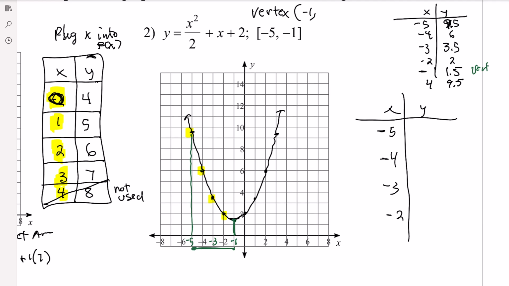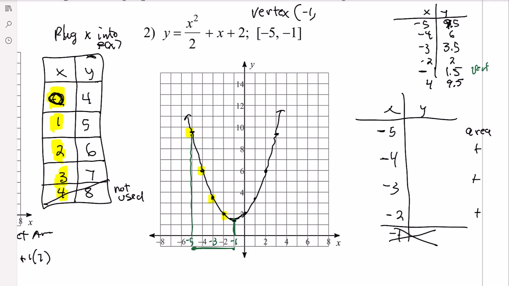But notice the leftmost, this right here, -1, this part isn't going to really count because we're going from -1 to -2. This area is the area that's going to count.